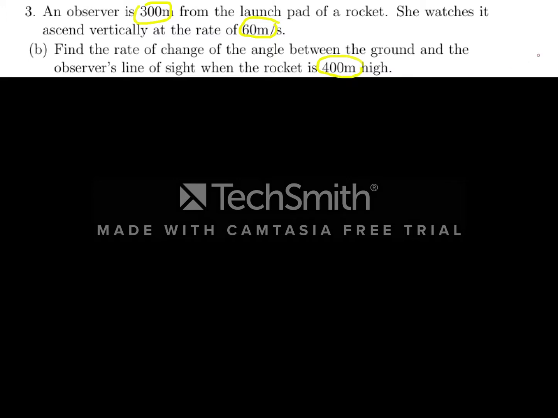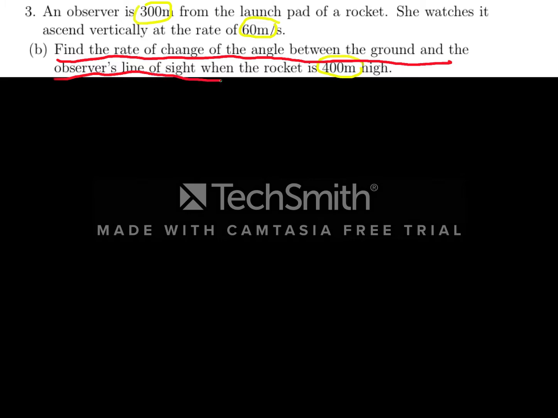Those are our key numbers. Our question being asked is find the rate of change of the angle between the ground and the observer's line of sight. So here's our question.